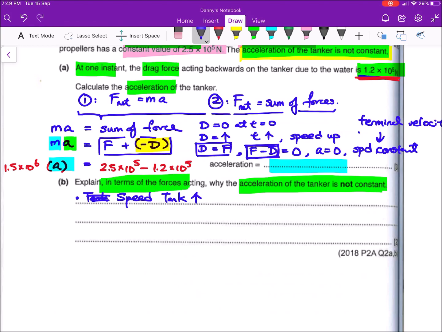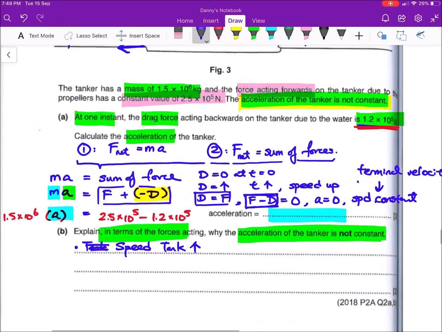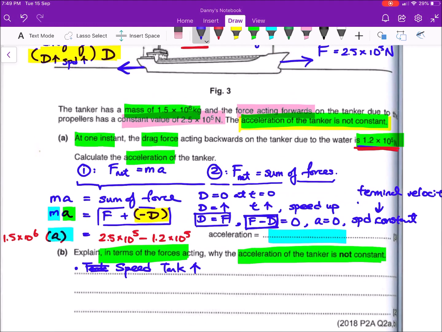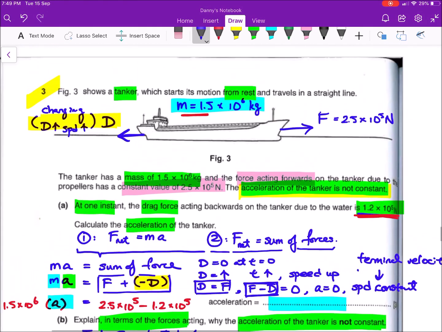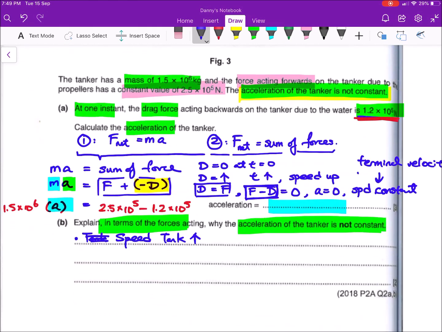Wait, in this case, be careful, let's look at the context. Did it say that the engine has stopped? No, the context didn't say that, but I remember in the original question the engine has stopped. So let's assume that the engine is still running. Because the engine is running, your speed will increase.